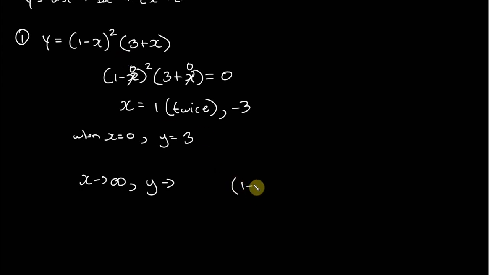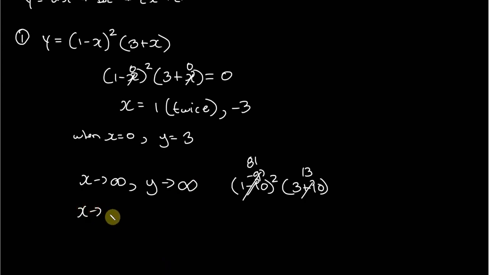So 1 minus 10, squared, times 3 plus 10. Well, 1 minus 10 is negative 9. You square that, it's going to be positive 81. And 3 plus 10 is 13, so it's 81 times 13. We don't need to work that out, we just know that this is going to be some positive value. And so as x tends toward infinity, y is also going to tend toward positive infinity.